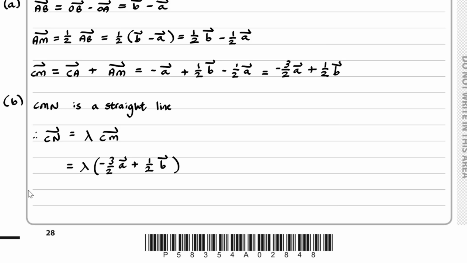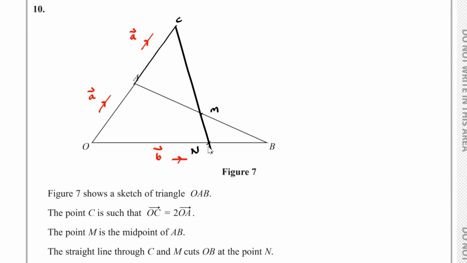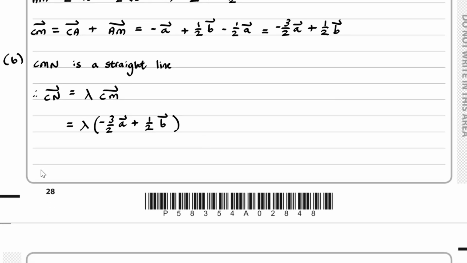And the vector ON, starting at O, finishing at N, let's think about how we can get there. We can go O to C, and then from there we can go C to N. So the vector ON is equal to OC plus CN.